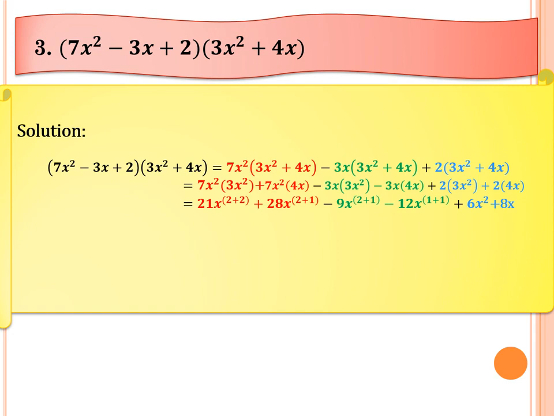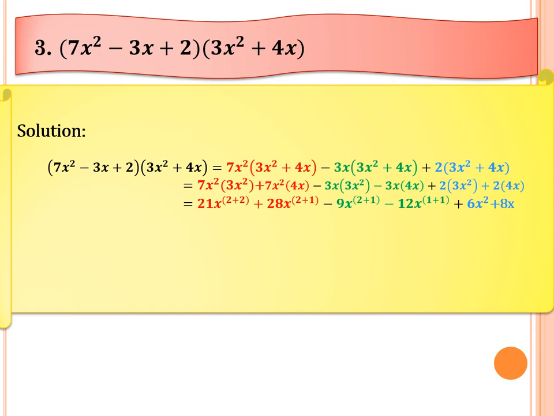So, for the red one, in the first term of the second step, 7x squared times 3x squared is just equal to 21x to the power of 2 plus 2 by applying the laws of exponents. Okay? Then 7x squared times 4x is just equal to 28x to the power of 2 plus 1.